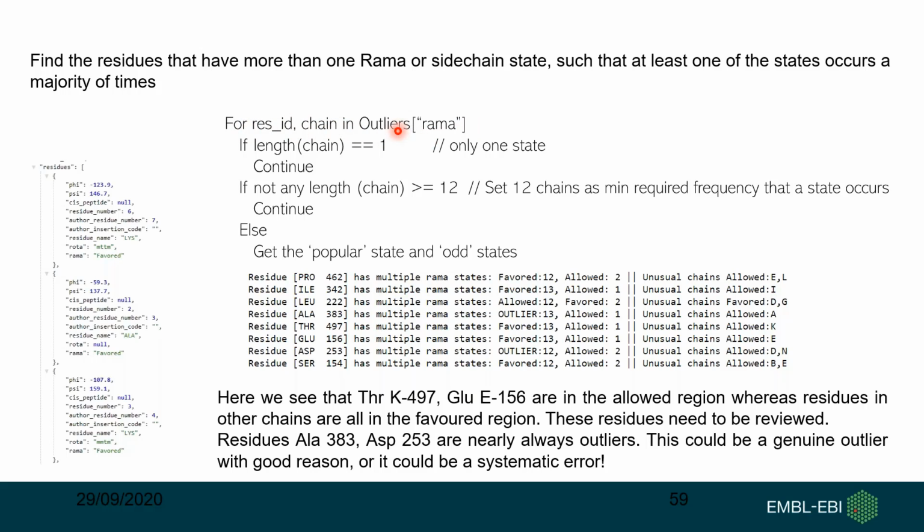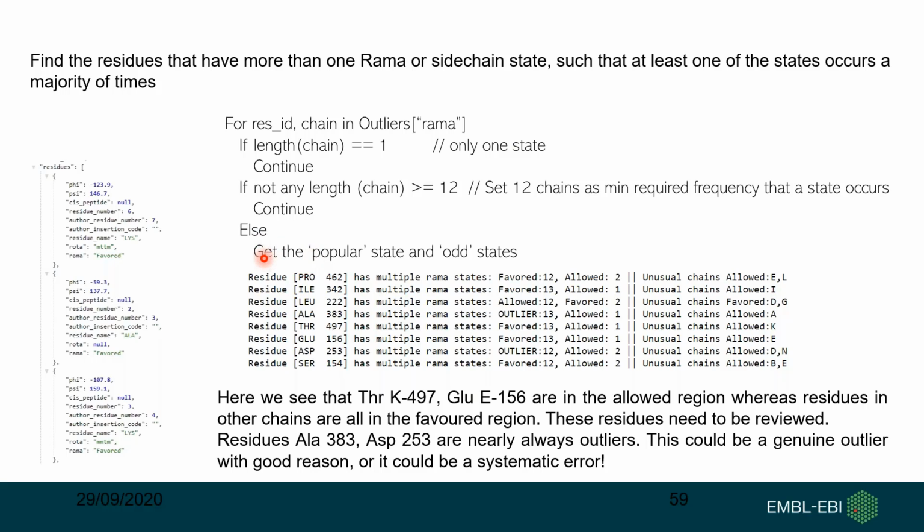If there is only one state for all of the chains, we're not interested in that because that seems to indicate a very normal validation. And let us set a minimum value of 12 chains. We want to look at if 12 chains contain one state, whereas the other 2 chains contain a different state than the other 12 chains, then that's what we want to look at.